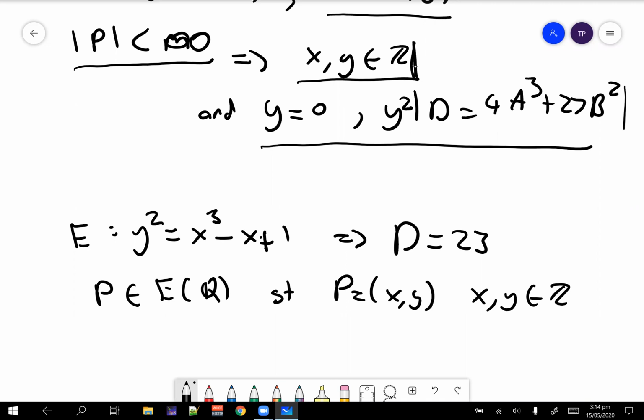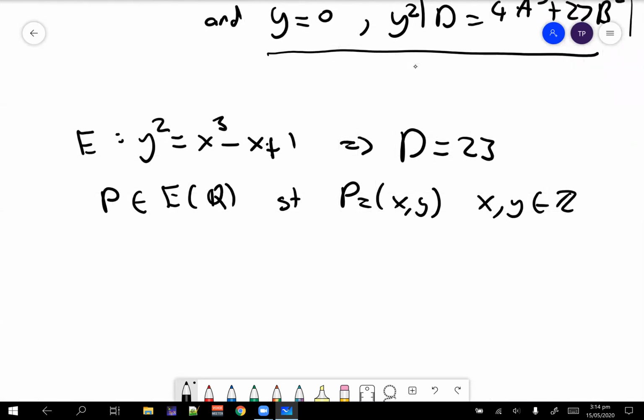And we also have the constraints on y. So the possibilities for y is 0, and also when y squared divides the discriminant, but 23 is prime, so y can only be plus or minus 1. So we only have 3 possibilities for y.